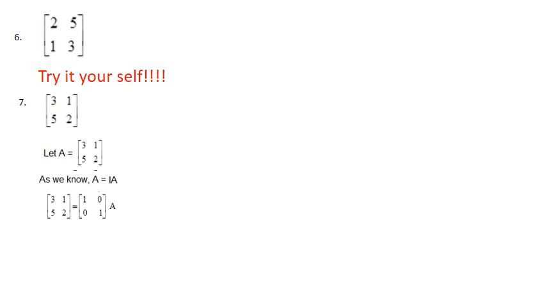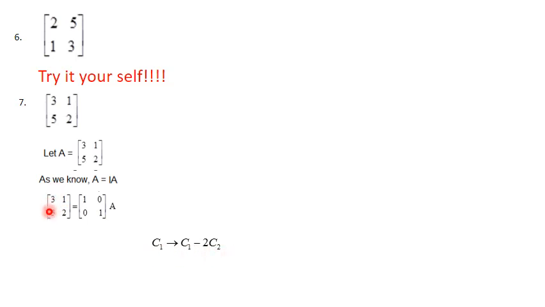Now till the previous question, we have used row operations to calculate the inverses of matrices. In this question we will use column operations to find the inverse of the given matrix. First of all, we have to change this 3 to 1. The operation is C1 changes to C1 minus 2C2.